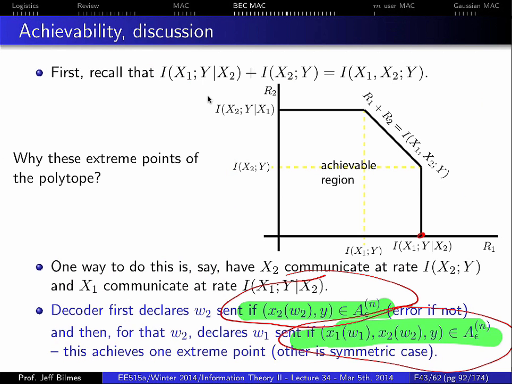You already have maximum rate for x2, and then whatever you can get left for x1. Yeah, so what would that do? That's on the top, the first spend of the pentagon there at the top. So you get this one.